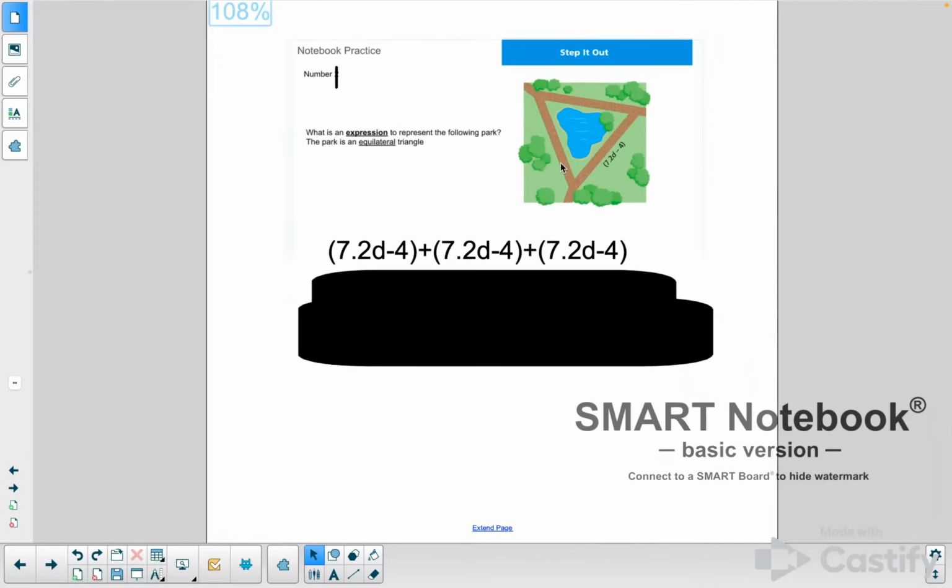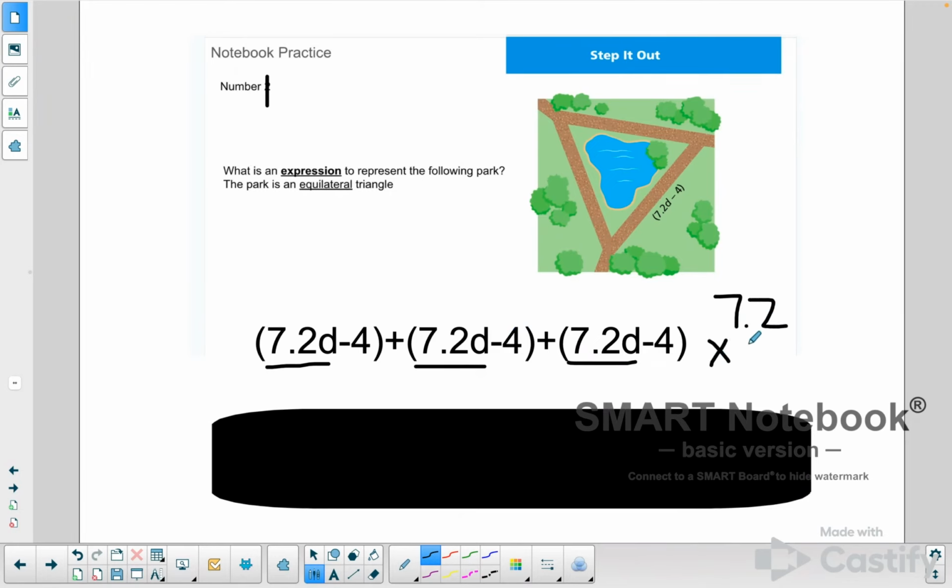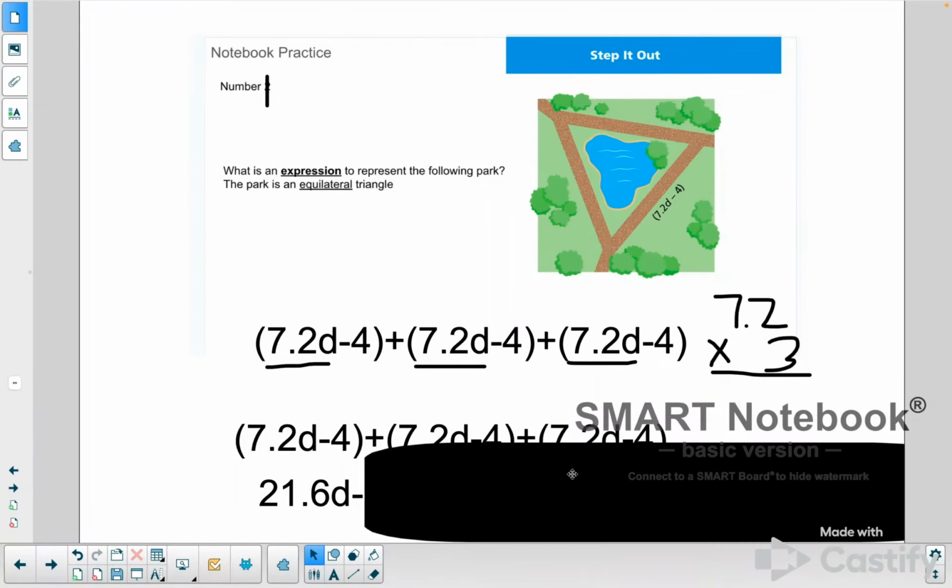Now, the next part is, if you had to simplify this expression, what would you come up with? Well, if you are going to add the following like terms, you could either do 7.2, 7 and 2/10, times 3, or you can simply just add those three together and you'll end up with 21.6d.